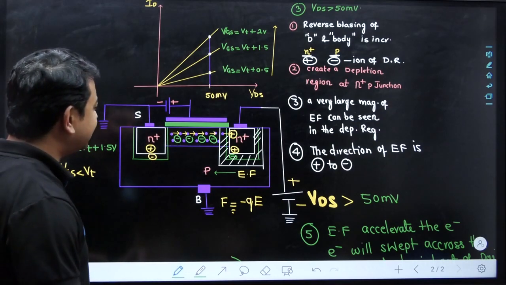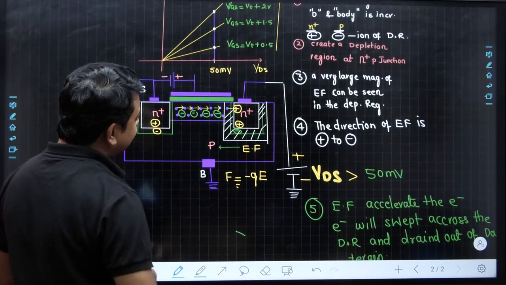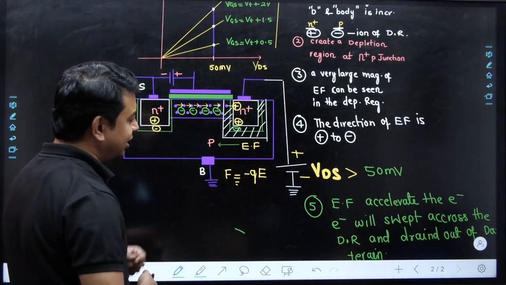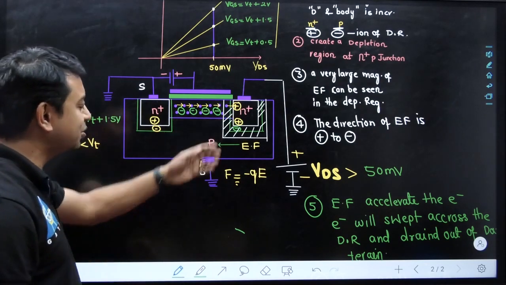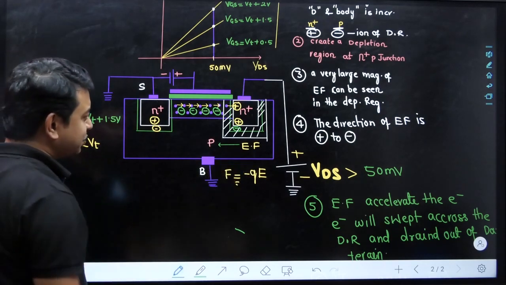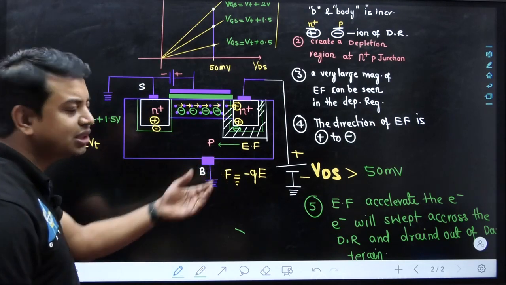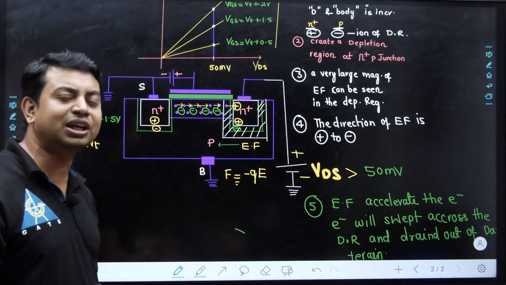I can say that by increasing the value of VDS, the area here will be less conductive, because the depletion region will take part. And less conductive means the electrons have been reduced. So initially the area is conductive, but as we increase the VDS value, the area at the drain region will be less conductive.